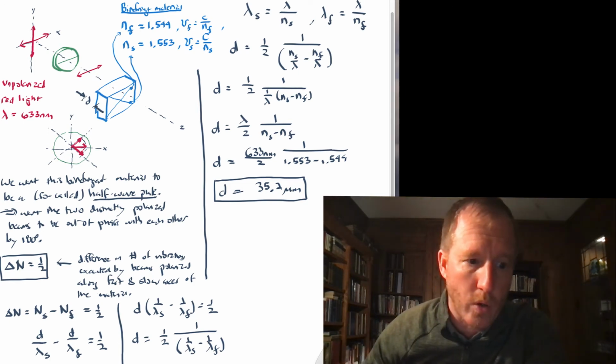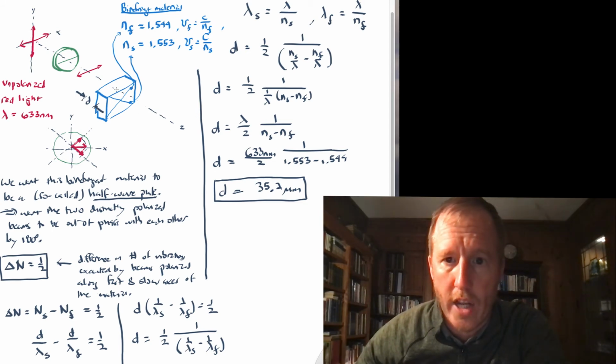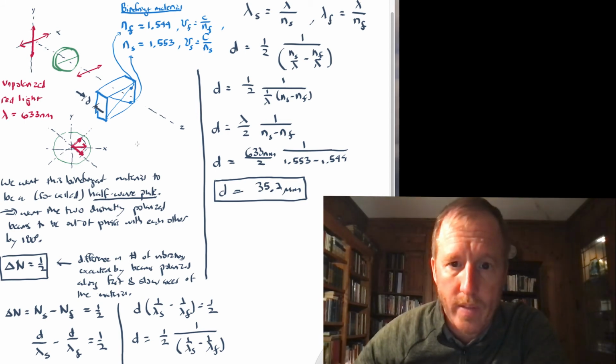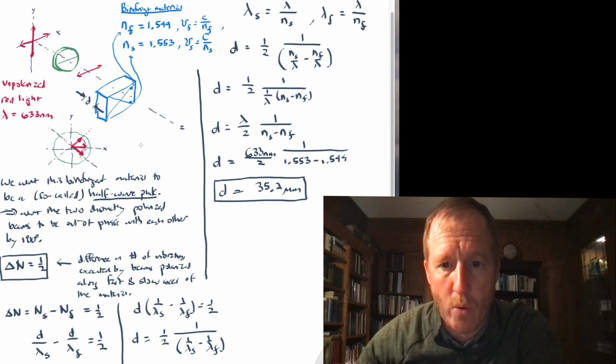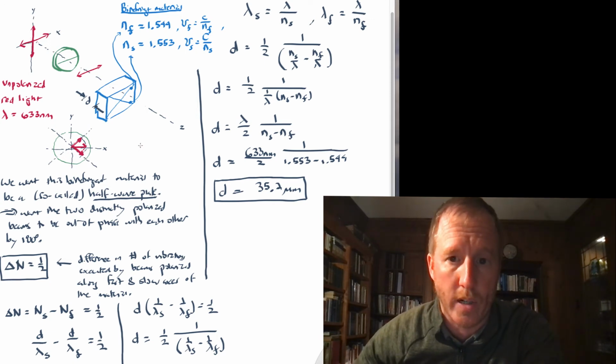Let's go back to our original drawing up here and think about what the waves look like coming out. This is going to be a little bit tricky to understand. Remember before, the horizontally polarized light could be decomposed into a component that was upward diagonal and downward diagonal. That comprised the horizontally polarized wave.